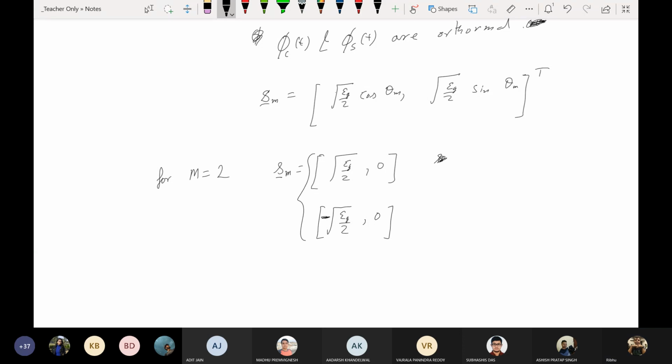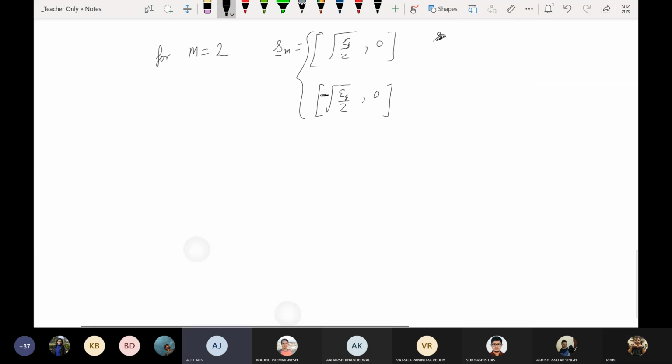Sir, for M equal to 2, root of E_g by 2 comma 0 is for which bit? This can be allocated any bit.